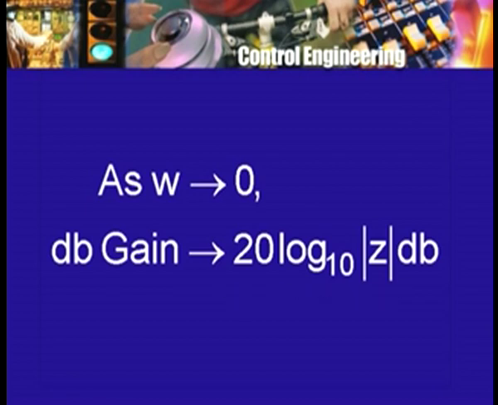Of course, depending on the value of this real number z, if it is less than 1, then this will be negative. If it is greater than 1, it will be positive. If z just happens to be 1, for example, there is a 0 at plus 1 or minus 1, then this will be equal to 0. So, this will be some number, and remember the unit for this is decibels. So, this is the DC gain or the limit as omega tends to 0.